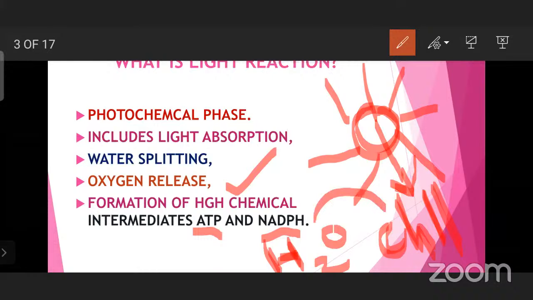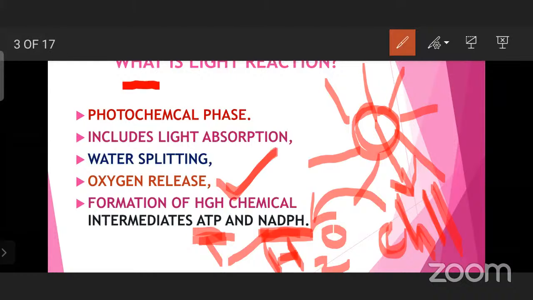Meanwhile, it splits the water molecule and oxygen is liberated, which is a byproduct of light reaction, and some intermediates like ATP and NADPH are formed. These ATP and NADPH are the connecting link between light reaction and dark reaction, because the light reaction products ATP and NADPH are utilized in the dark reaction. So remember these important points of light reaction.